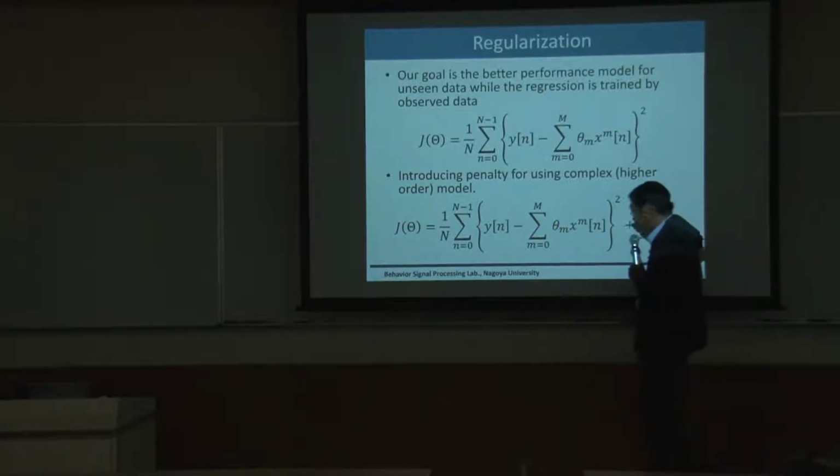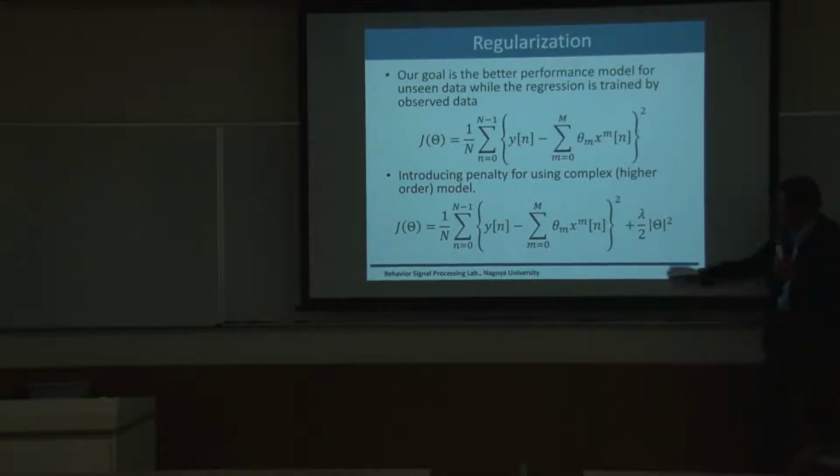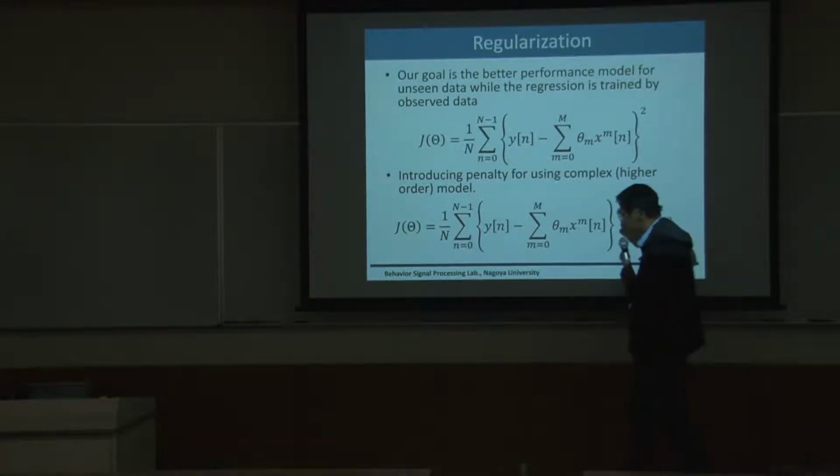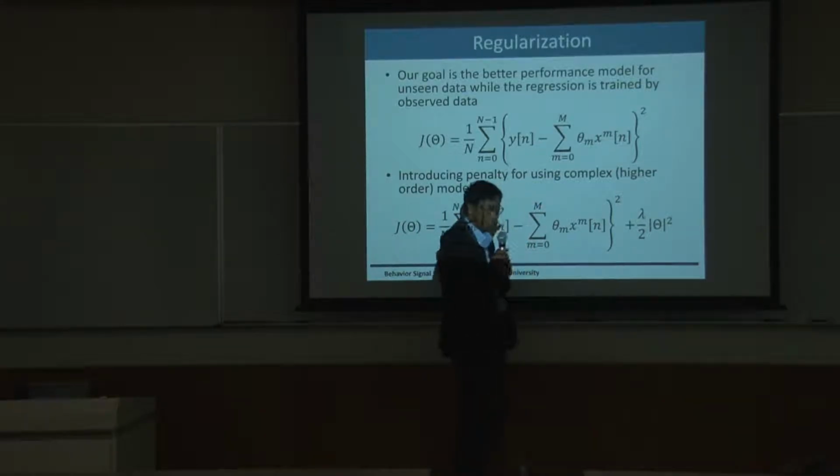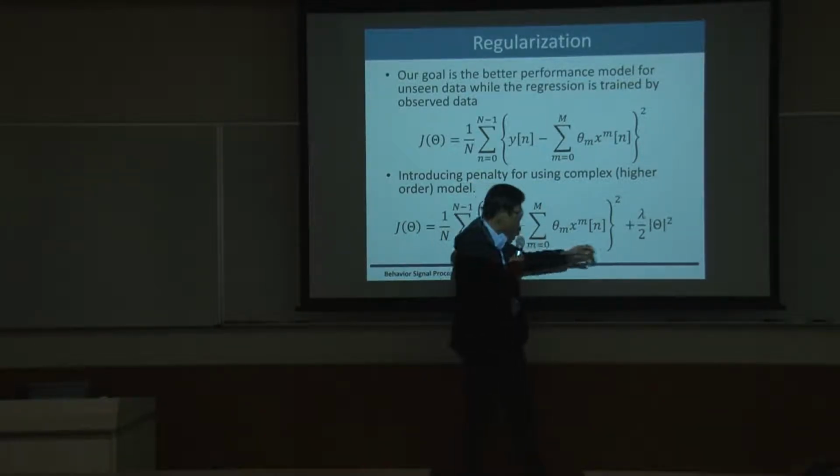And if you have almost all terms near to 1, like for instance, all 5 parameters have a coefficient like 1 or 0.9 or 1.3 or something like that, then the sum of those values becomes larger, right?